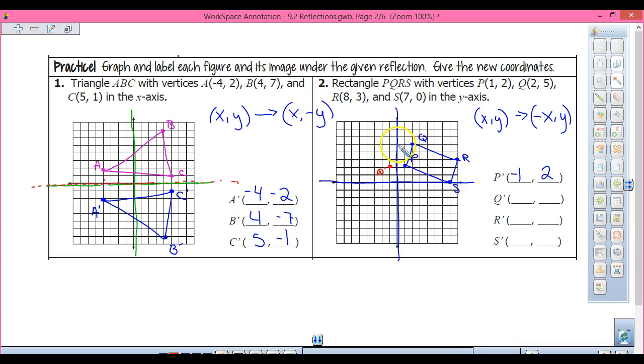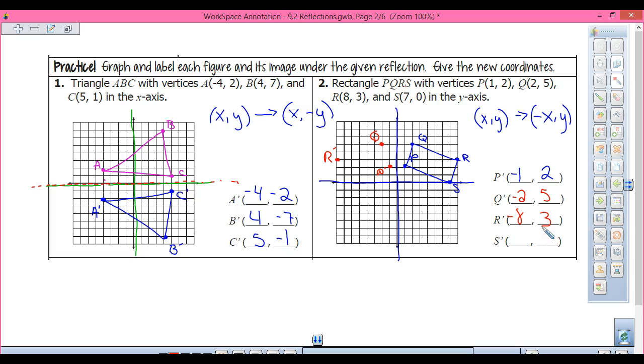Or I can count it. Q is how many away? 2. So it has to be 2 away on the other side. Q prime is going to be -2, 5. If I count R, how far is R away from the y-axis? 8 away, so it's got to go from +8 to -8. -8, 3.